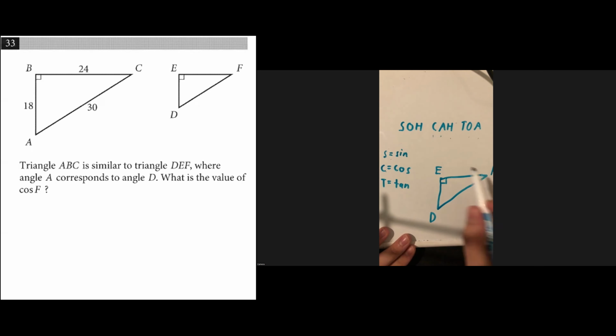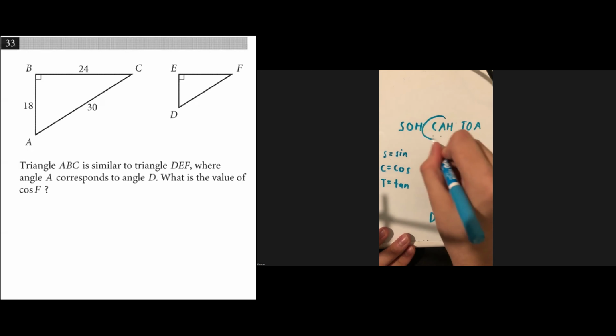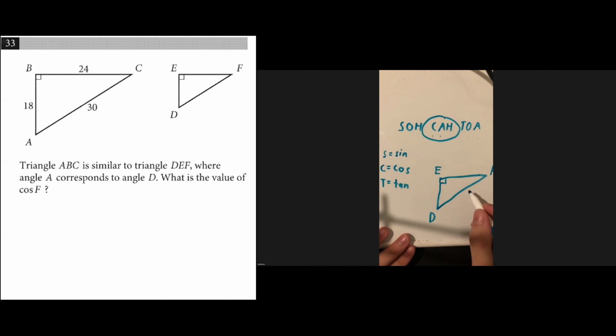And so we're asked to find cosine of angle F. And so cosine is adjacent over hypotenuse. And so adjacent would be this side, hypotenuse would be the long side, and opposite would be the side opposite to the angle, which would be this. So this is opposite. And we're trying to find adjacent over hypotenuse, which means this over this.